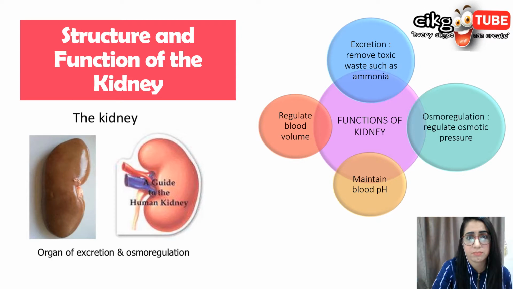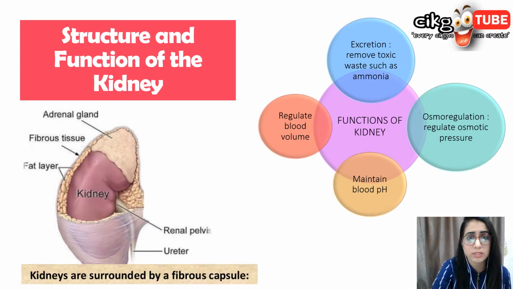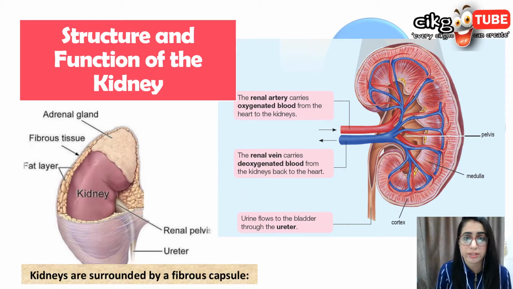Human kidneys are surrounded by a fibrous capsule and have two distinct regions: the renal cortex and the renal medulla. The cortex is the outer layer and the medulla is the inner layer. The three vessels connected to the kidney are the renal artery, renal vein, and the ureter.